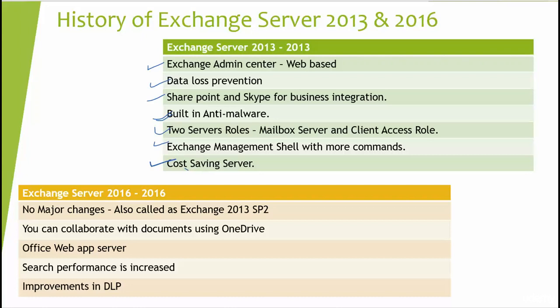You were able to search with more options, and search more specifically, and the performance was really increased. And then they added more options into DLP, like adding more rules, standards, exceptions and actions, where you were able to protect your organizations from intruders or hackers in a much better way.